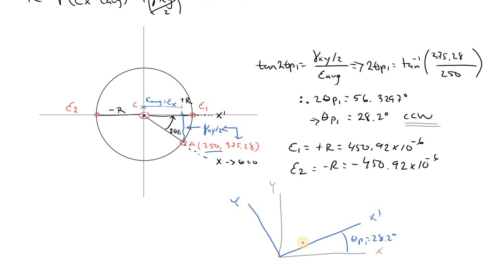Our original element would have looked something like this, whilst the transformed element would change in shape, which means this part here is our principal stress 2 transformed and our principal stress 1.